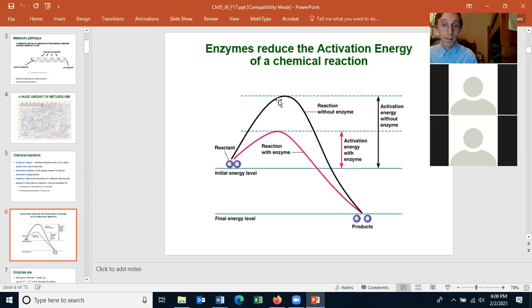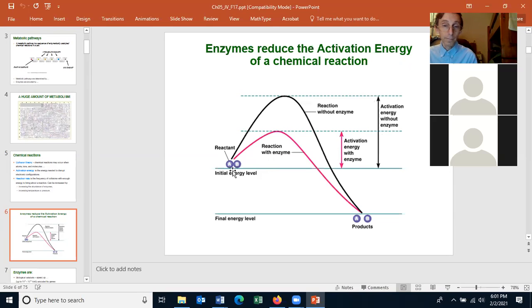Up here, the reaction without an enzyme, before the molecules will have enough energy to change the reactant into the products. And that amount of energy, from what the reactants have to how high they have to be without the enzyme, is called the activation energy without an enzyme.